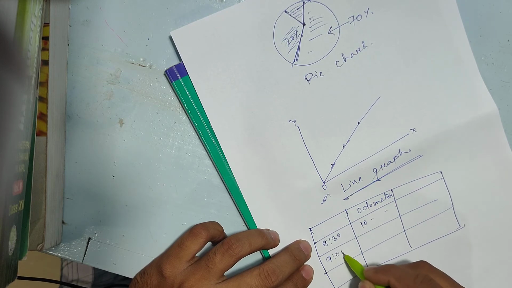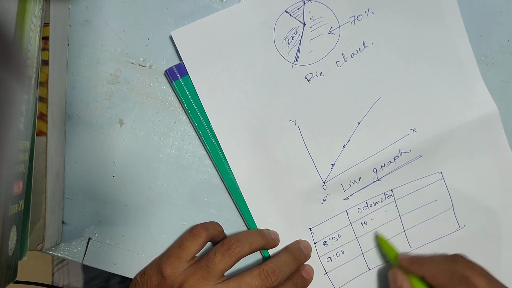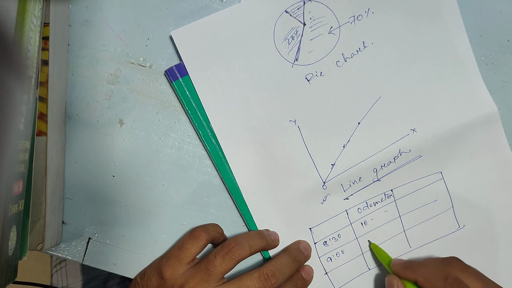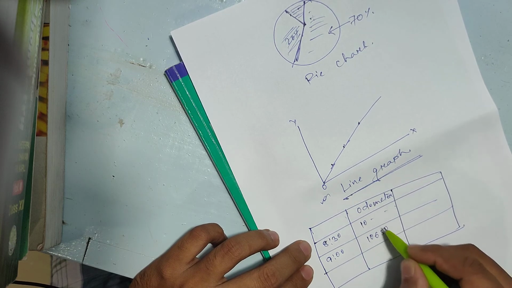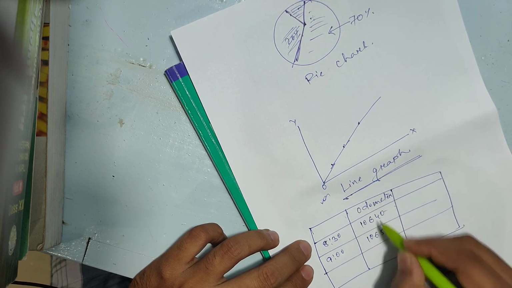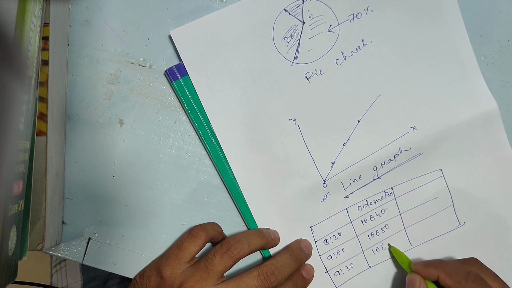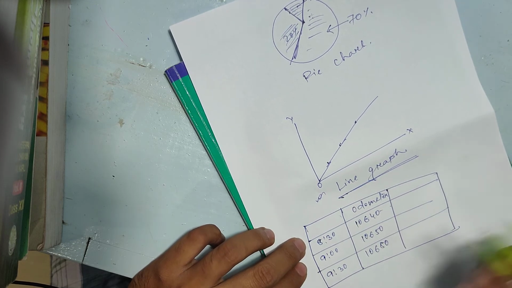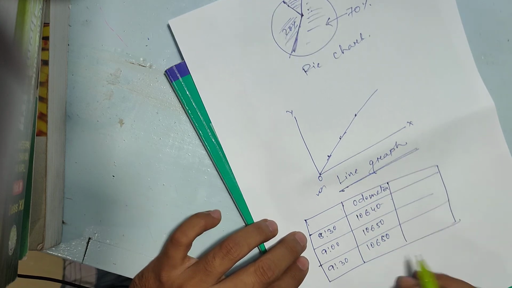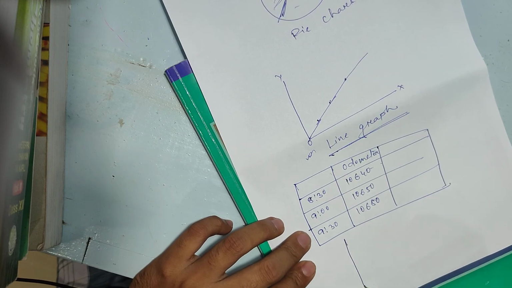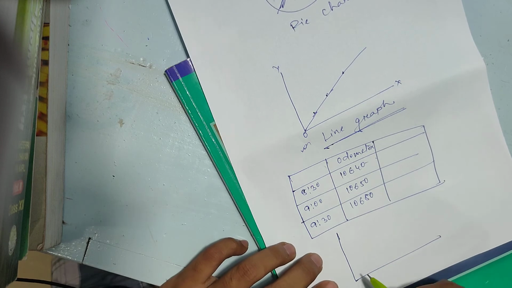At 9 she noted 10,650, then 10,640. At 9:30 she measured 10,680. So she measured different numbers, and based on that she prepared the line graph.